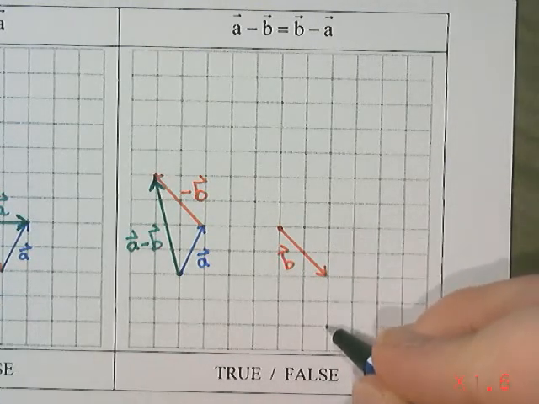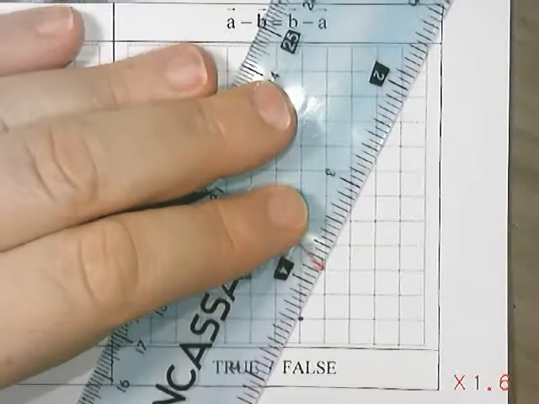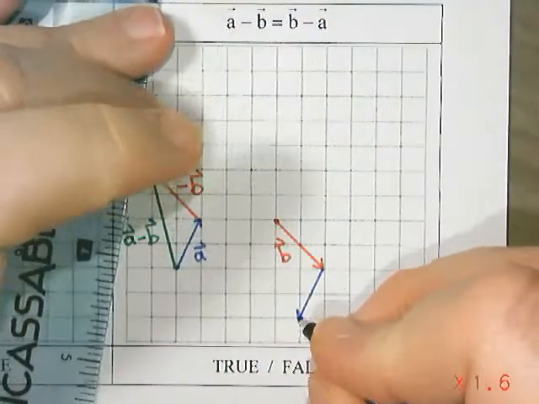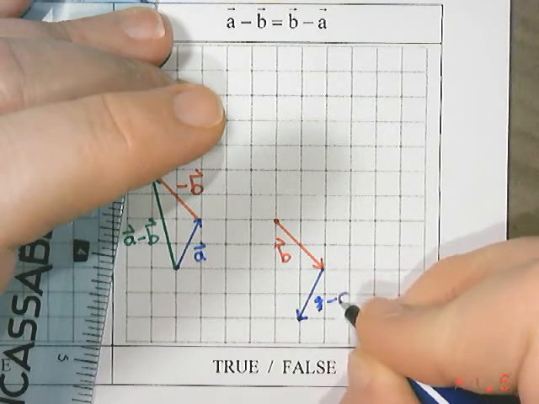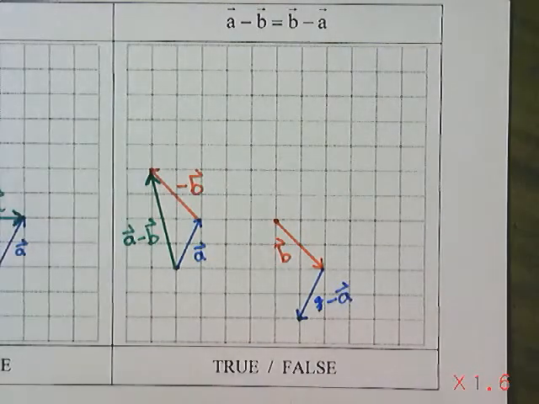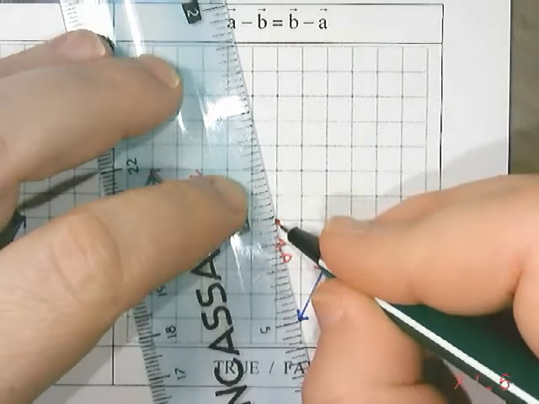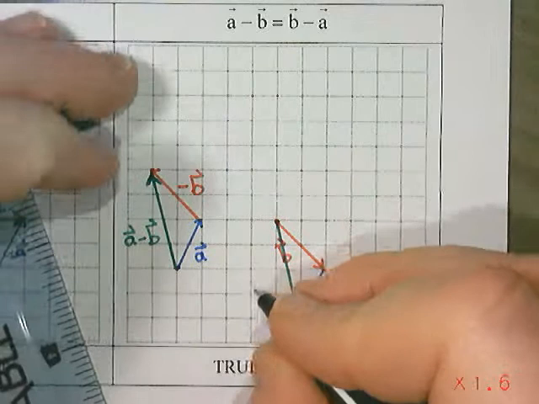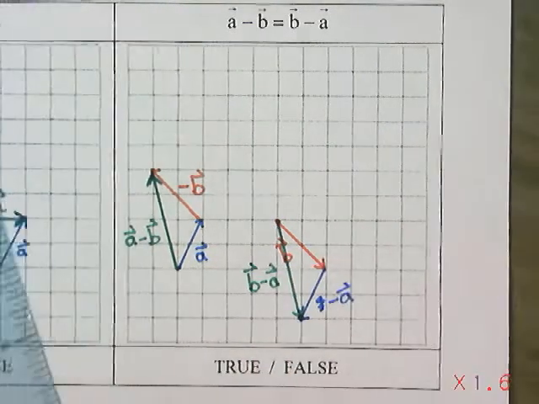So now this is going to go 2 down, 1 over. So this is negative A. And then if I draw in my resultant, it starts at the beginning of B and ends at the end of A. This is B minus A.